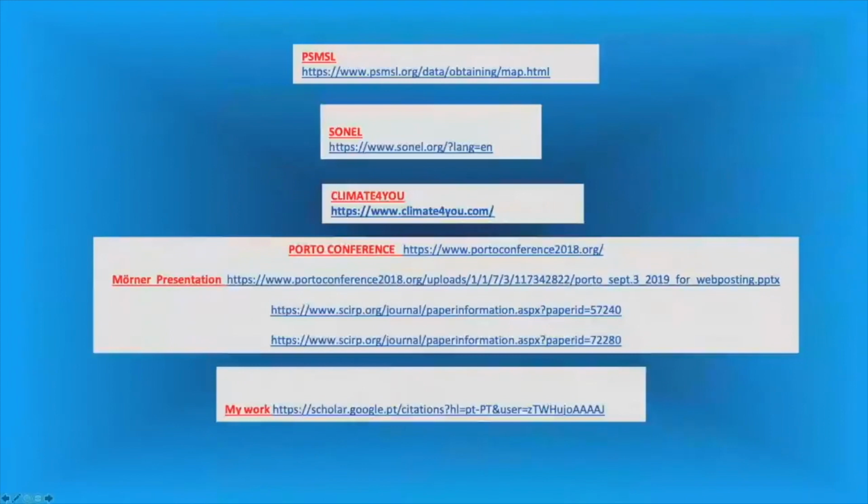Here you can see some sites, some links.